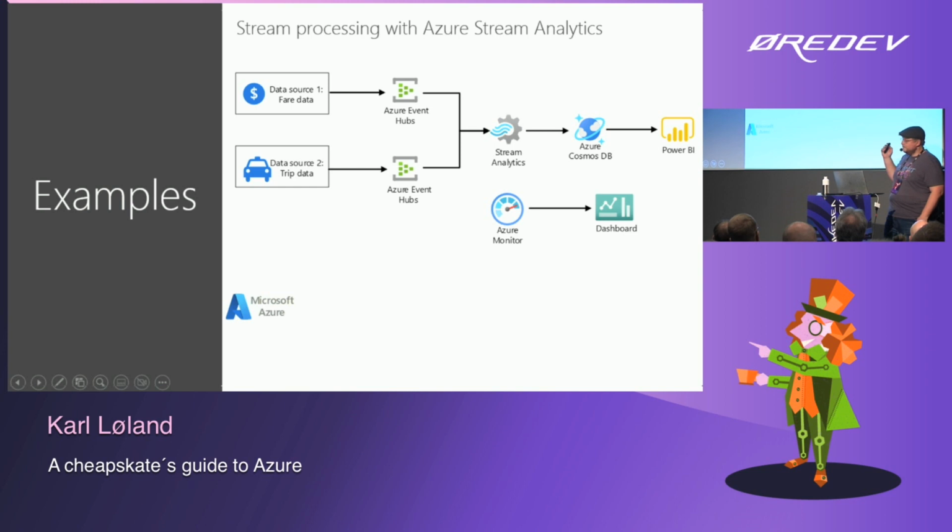Yeah, so in closing, we're going to have a look at 3 reference architectures from Microsoft. This one is stream processing with Azure Stream Analytics. You can find these architectures at their reference architecture archive. So here we have a solution with Azure Event Hub, Stream Analytics into Cosmos DB and Power BI. Pretty cookie-cutter solution from Microsoft.